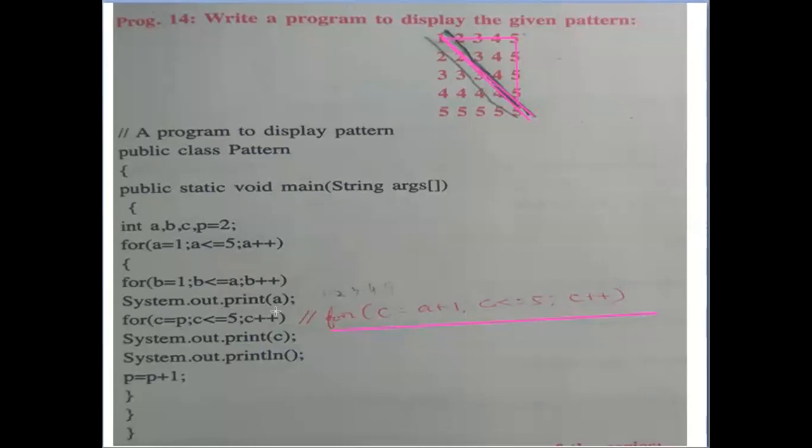This 1, 2, 3, 4, 5, 2, 3, 4, 5, 3, 4, 5, 4, 5, 5 should be printed from this loop, meaning from the second loop, not from the first loop. I want the first loop to print nothing the first time, then 2 only, then 3 twice, 4 thrice, 5 4 times. What change do you need to do? Sir, B is equal to A, sir. Then B is less than or equal to 5, B plus plus.